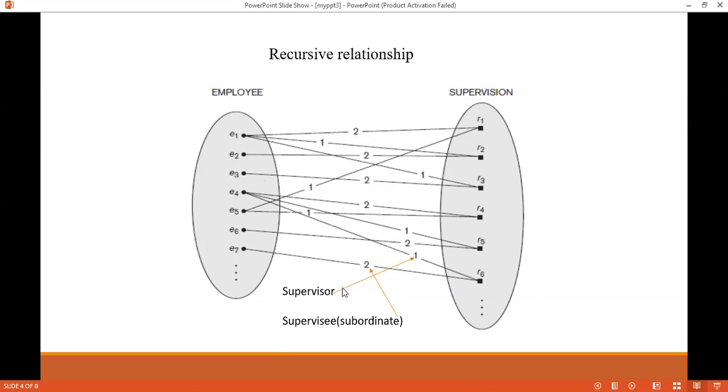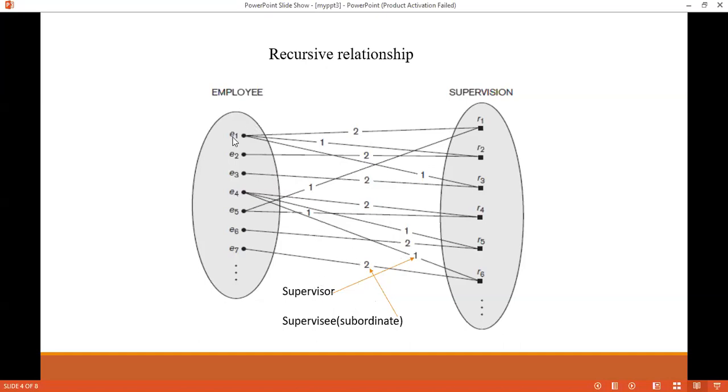Now we can conclude that 1 signifies E1 plays the role of supervisor once, and another time he is playing the role of supervisee or subordinate. Whenever 2 comes into the picture, the entity employee is playing as a subordinate, and when 1 comes into the picture, the employee is playing as a supervisor.